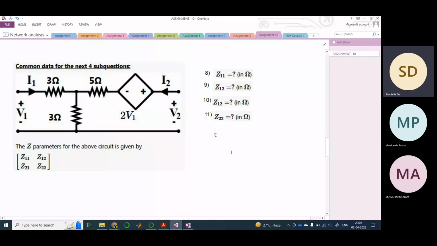This is straightforward. When you see that we need to find out the z parameters, the first thing you should do is write the equations: V1 equals z11 I1 plus z12 I2, and V2 equals z21 I1 plus z22 I2. Okay.